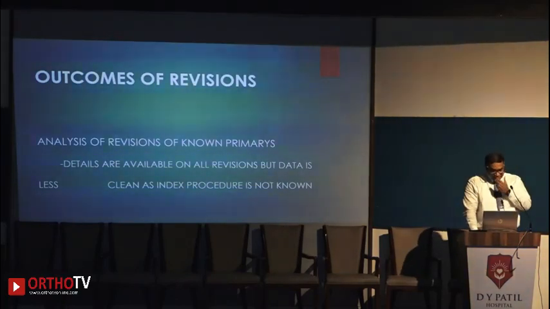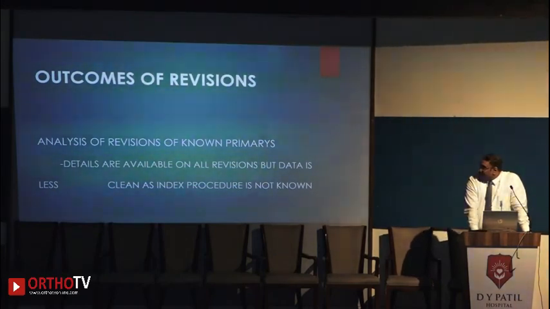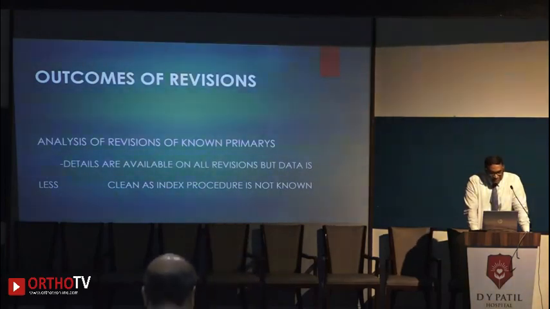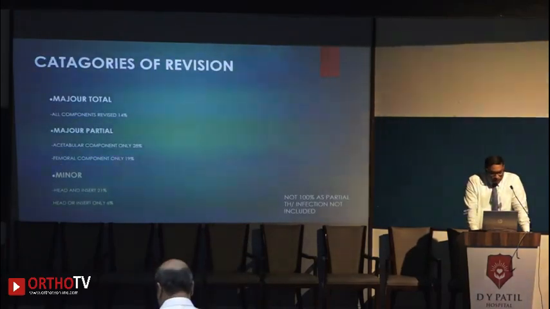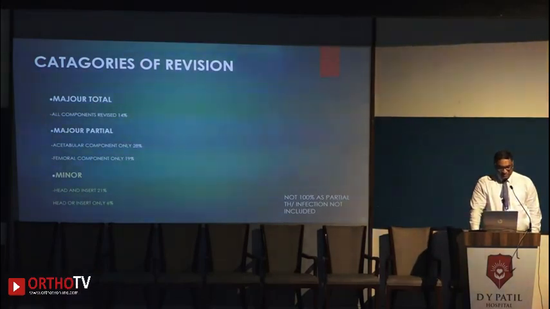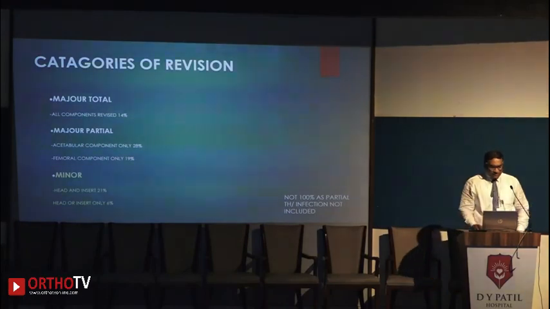The outcome of the revisions. So we have to analyze the revisions of the known primaries. All the details are available for all the revisions, but the data is less. Categories of revision: major total, meaning all the prosthesis revised, is around 40%.